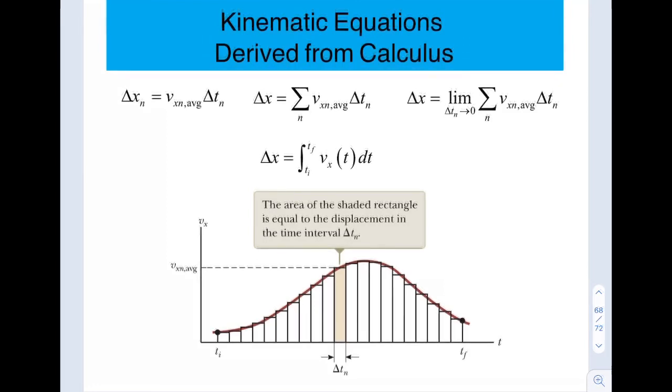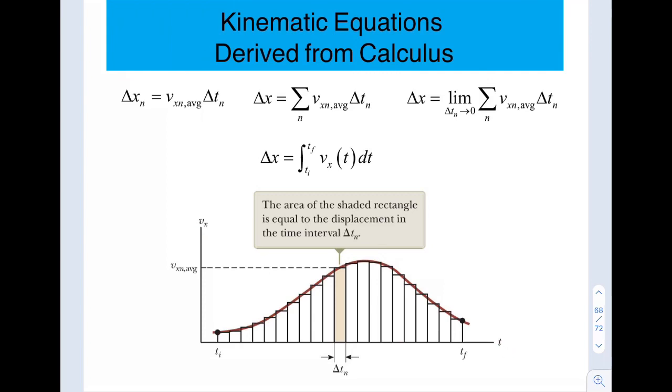Alright, now almost the final part. We want to take a look at the kinematic equations for motion in one dimension derived from calculus. If you refer to this graph of Vx versus t, it is in terms of a curve in real motion. The area under the shaded rectangle equals the displacement in the time interval, because you have V versus t.